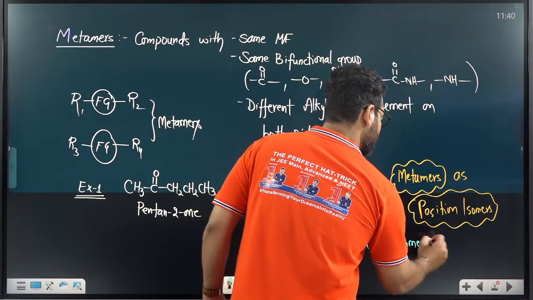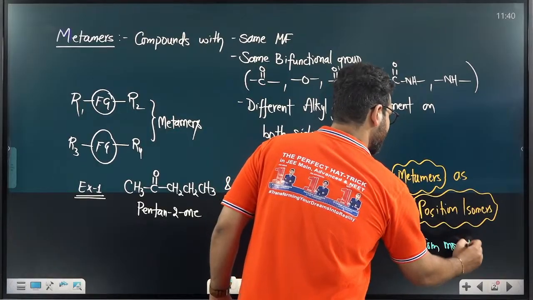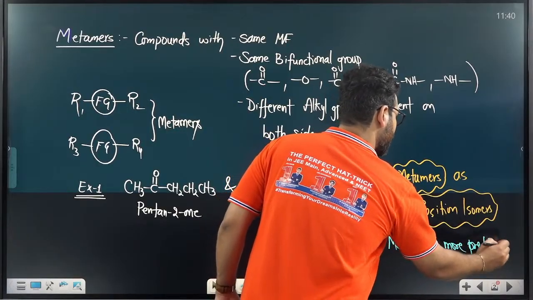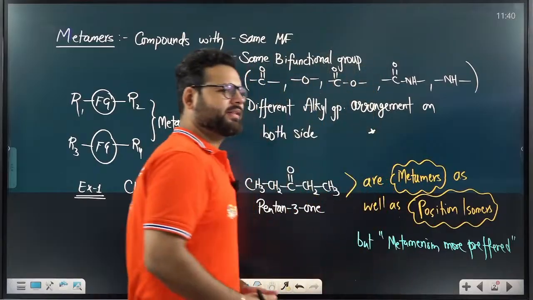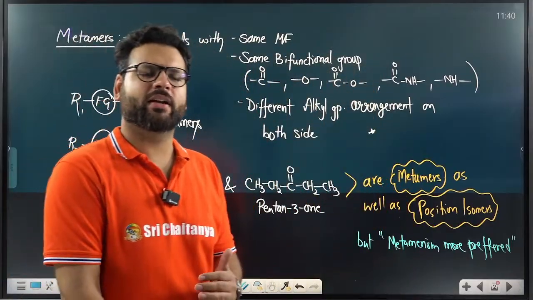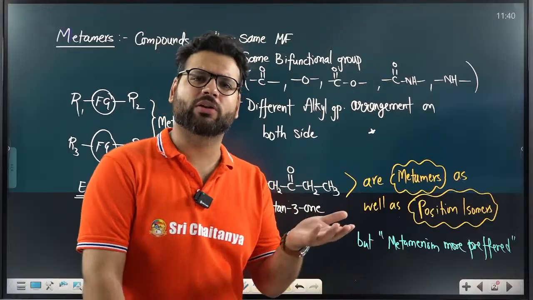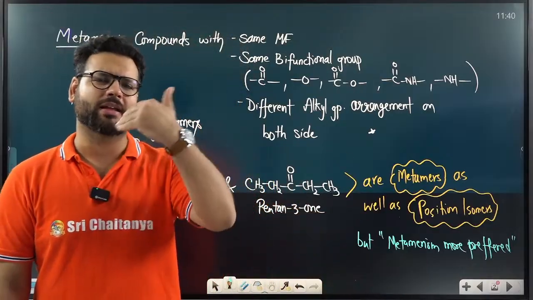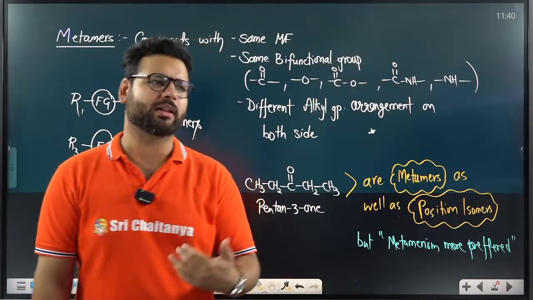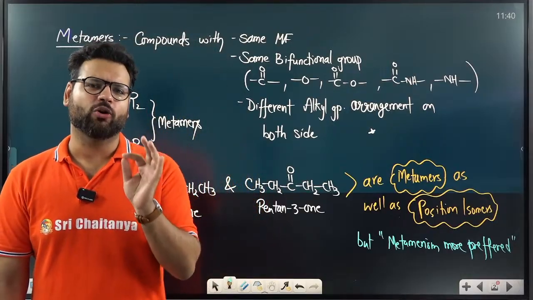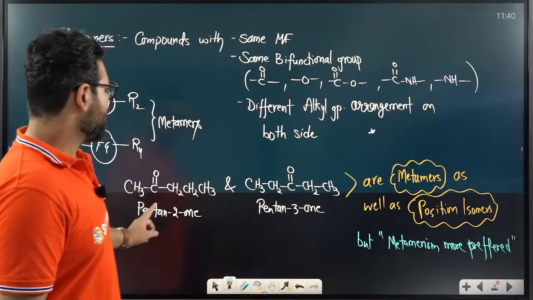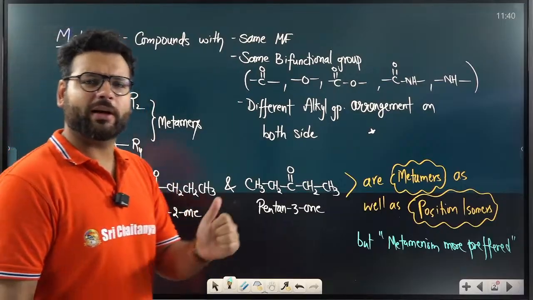Okay, it's just a rule of IUPAC which says that whenever there are two isomers which are meta as well as position, you consider them as metamers. Consider them as metamers. I hope this is clear to everyone. They can be called position, yes. They can be called metamer, yes.